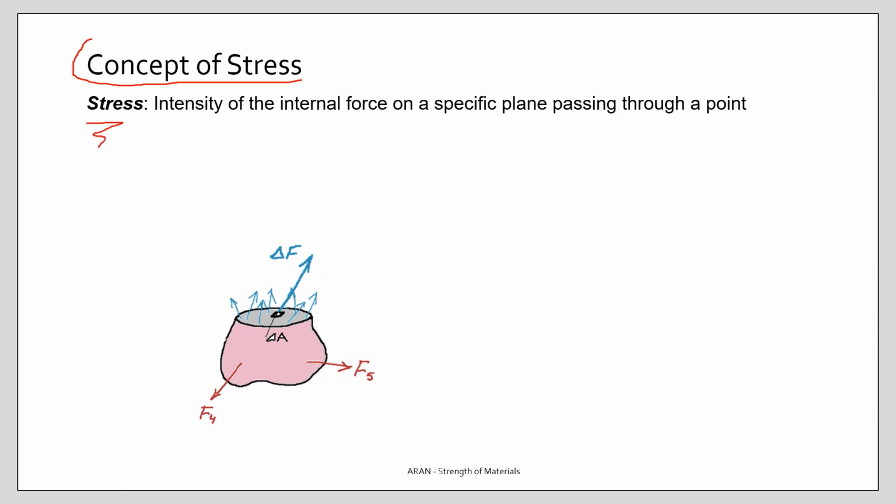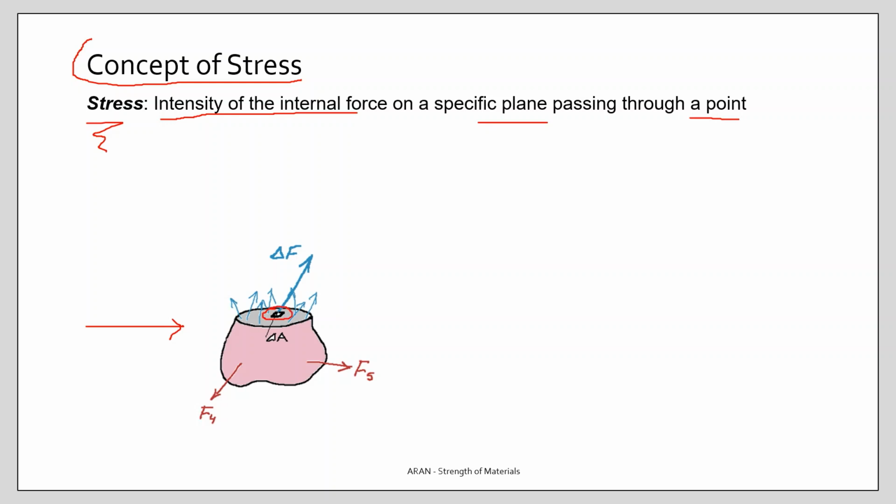How is stress defined? Stress is the intensity of the internal forces. And stress is defined in a plane and in a point. So let's take the same section and take this as our point.